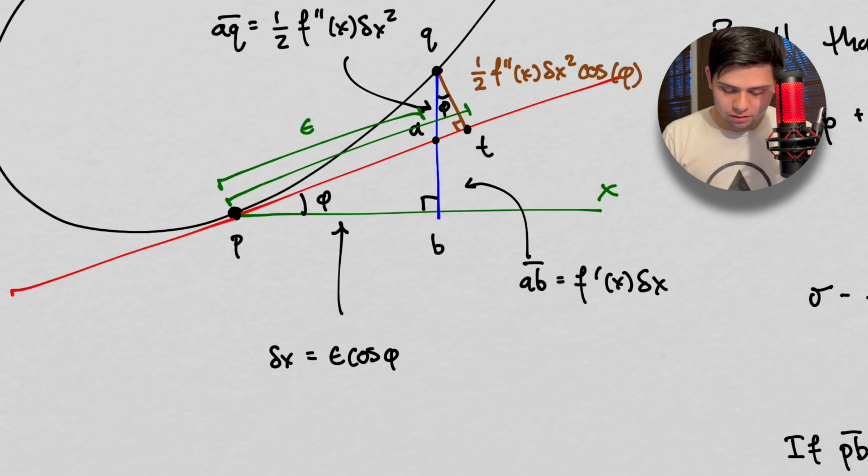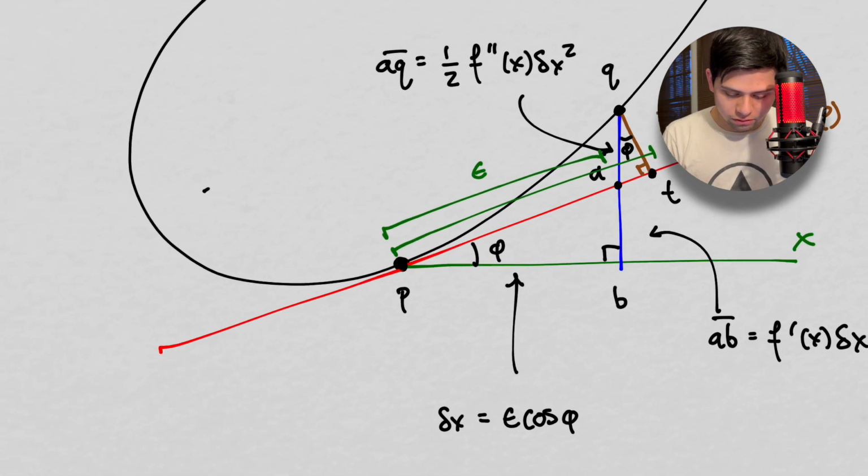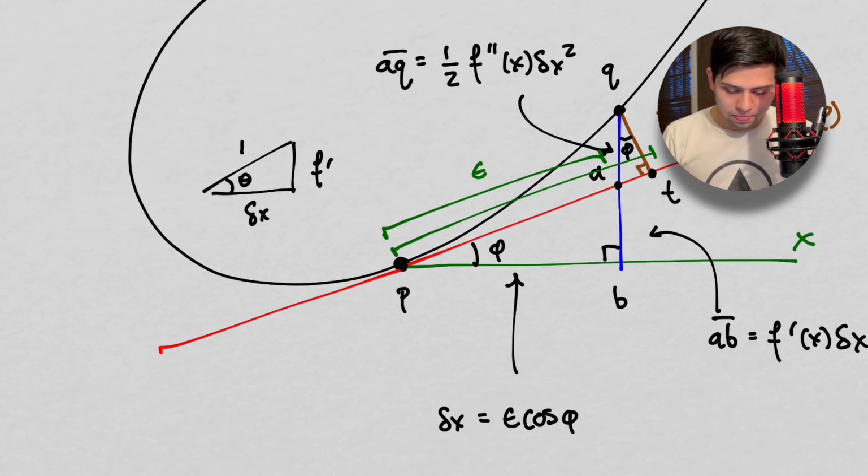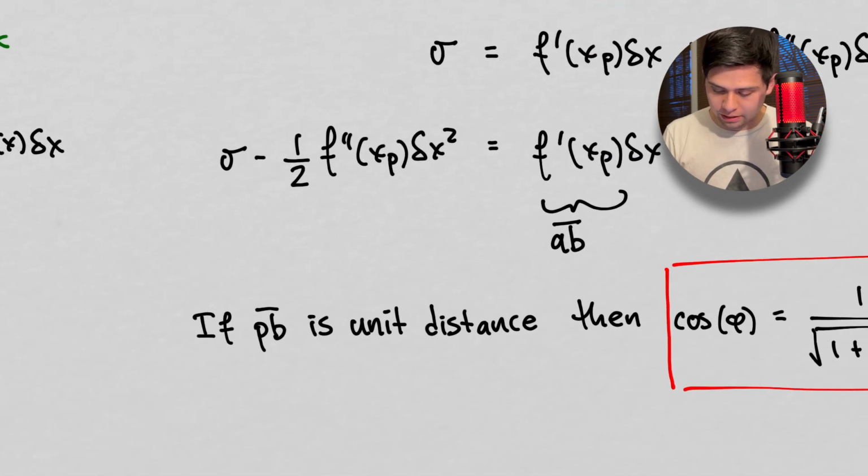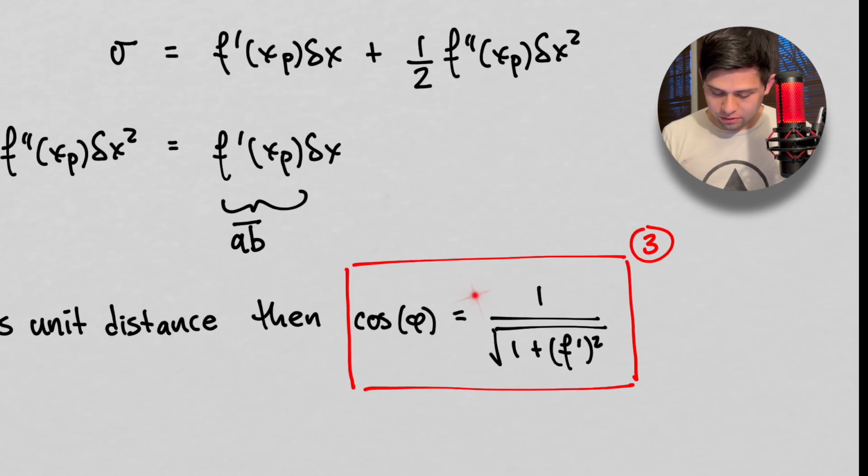If I just draw that triangle, this was 1, this is f prime, this is dx, this is sigma. So cosine is going to be opposite, which is 1 over, actually let's see here. Yeah, so this is going to be that triangle, and that's where we're getting this from right here.